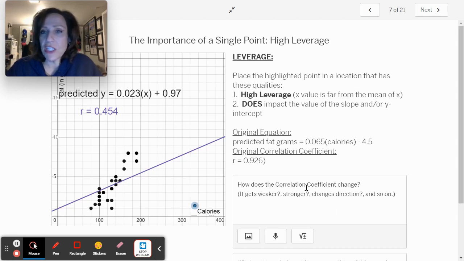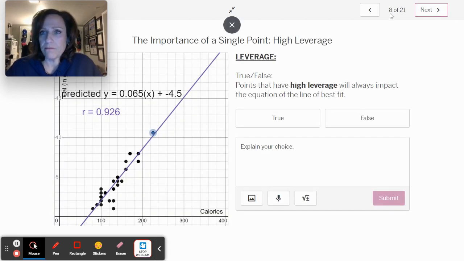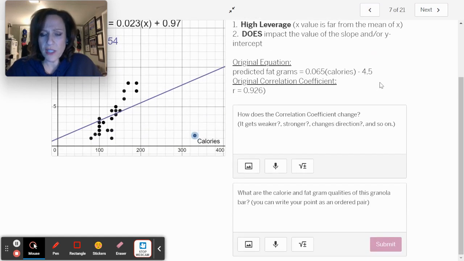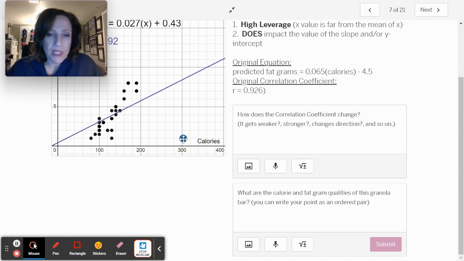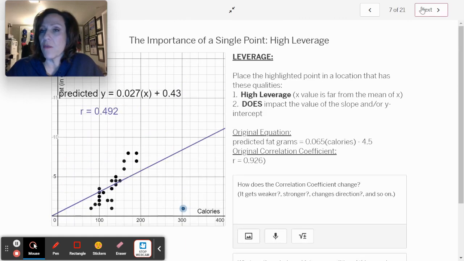So discuss how it went from 0.926 to whatever you changed it to. All right. Was there another question there? Yeah. Okay, so then you can write your point that you chose there. You might put it in an easy spot there, like 300, 1.